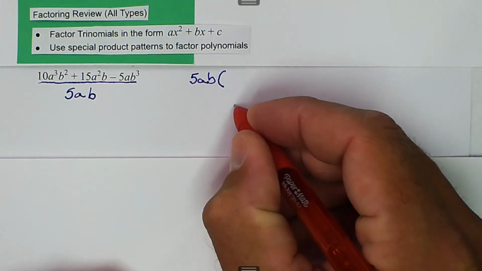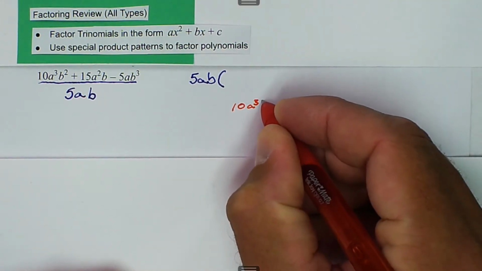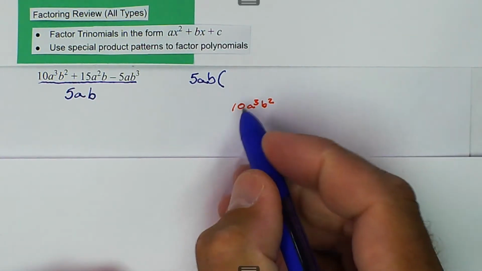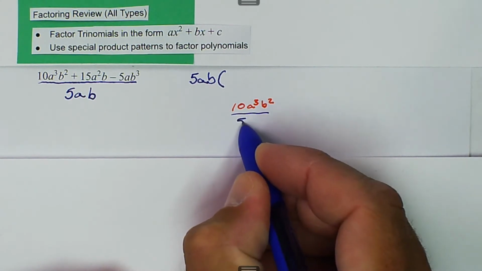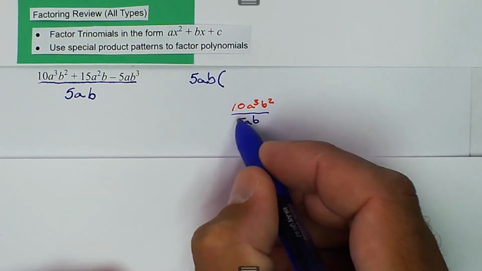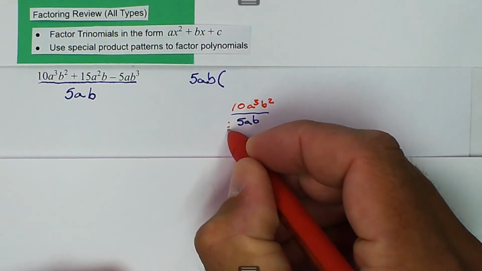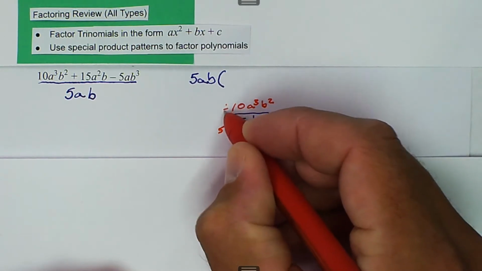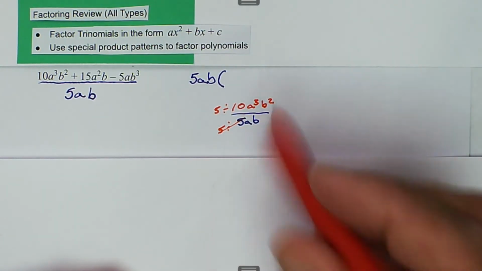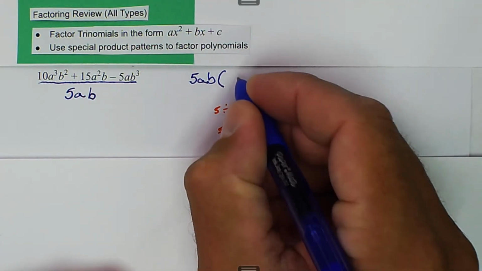So if we say 10a to the third b squared, and that's going to be divided by 5ab. So these are both divisible by 5. So I can divide the denominator by 5, divide the numerator by 5, and what are we left with? In the denominator, that goes to 1, and in the numerator, that goes to 2.